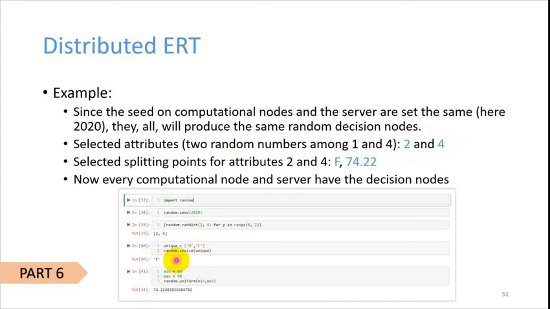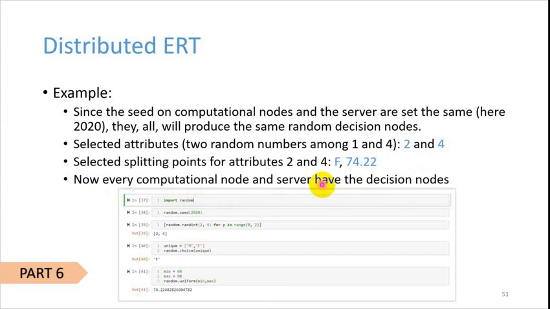For the first one, we randomly generated the splitting point. It was female, or F. And for the second one, the randomly generated number was in the range of attribute 4. It was 74.22. So these are our randomly generated splitting points, and these are our randomly generated attribute indexes.